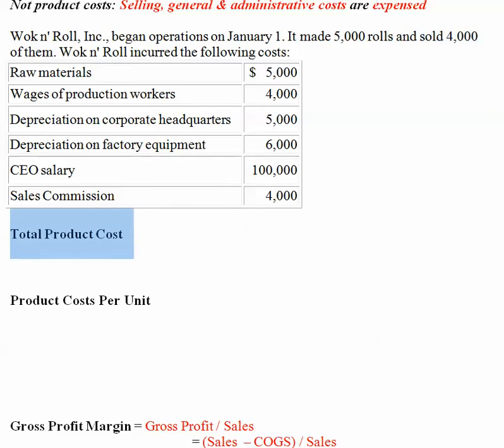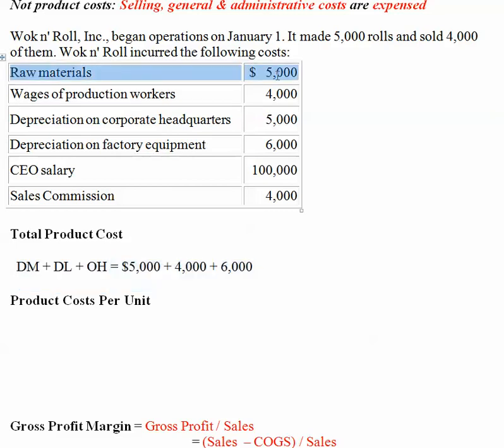Again, you're going to take your materials, your labor, and your overhead. So in this example, we have the raw materials, that's the 5,000, plus you have your labor of 4,000, and then the overhead, I'm jumping down to the factory equipment depreciation of 6,000.